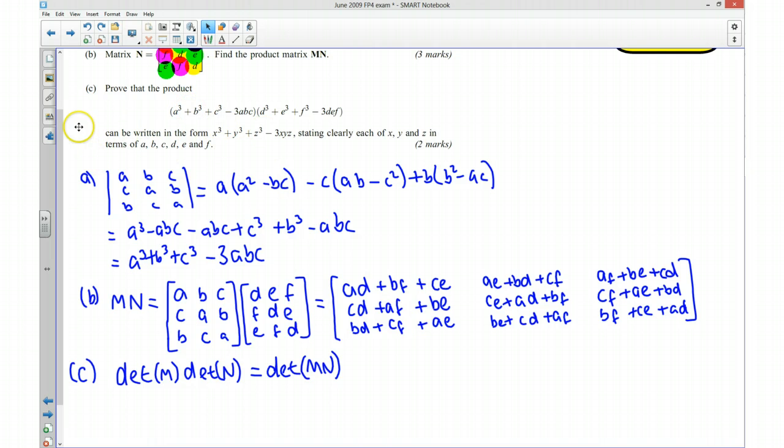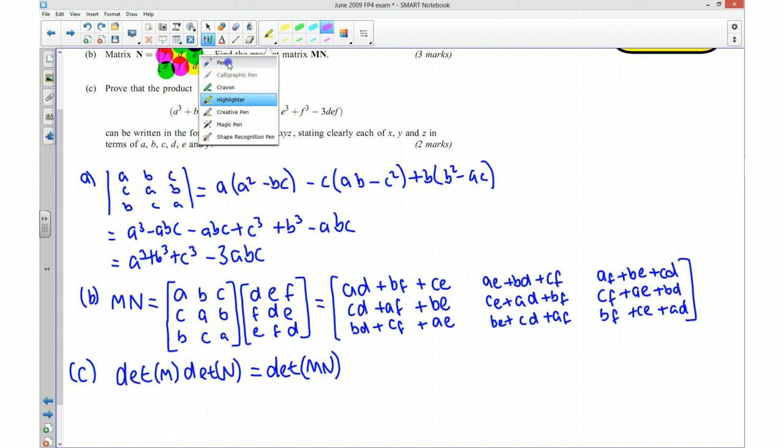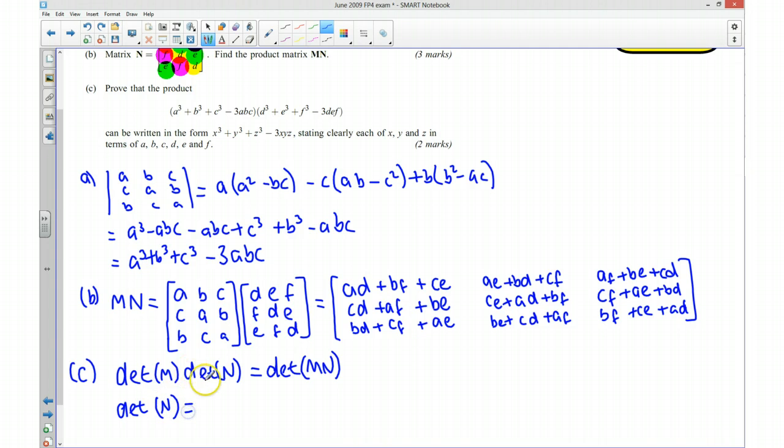So the determinant of N is going to be D cubed plus E cubed plus F cubed take away 3DEF. So I'm going to write down the determinant of N over here. So the determinant of N is going to be equal to D cubed plus E cubed plus F cubed take away 3DEF.